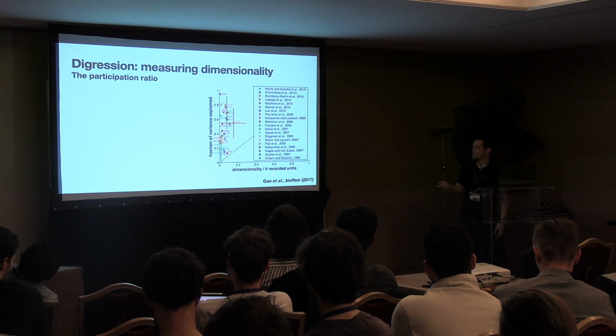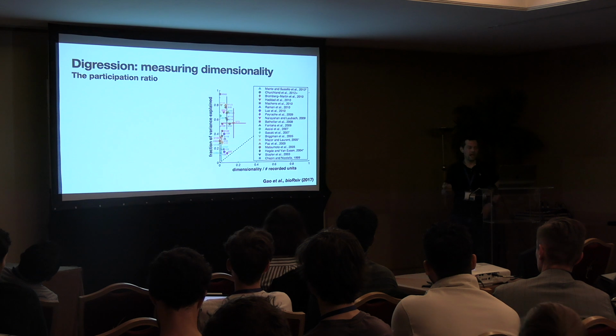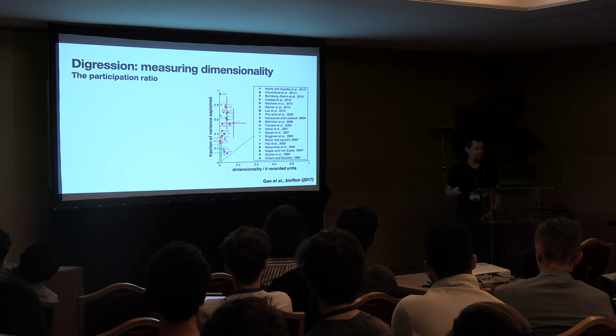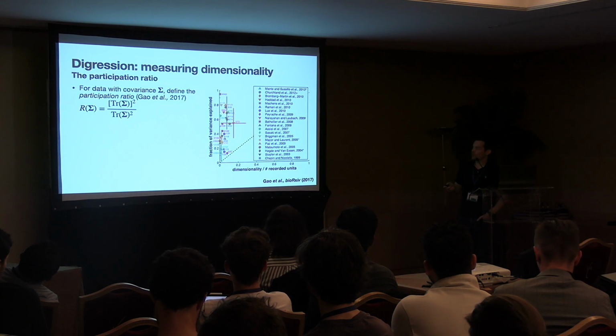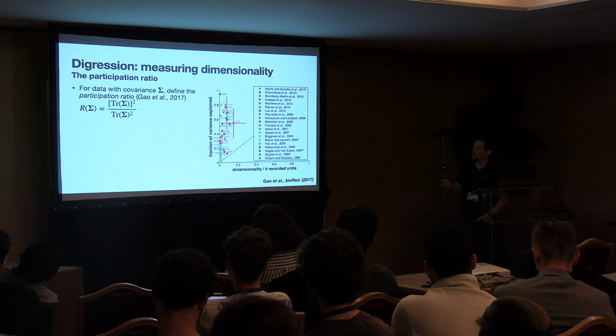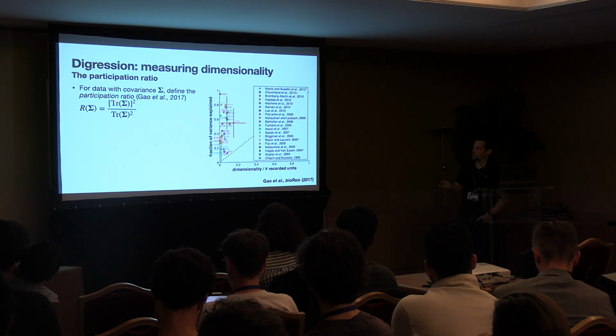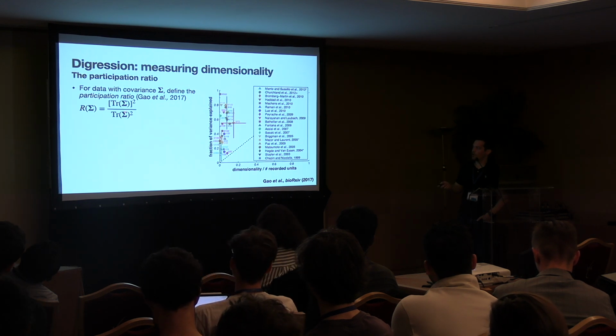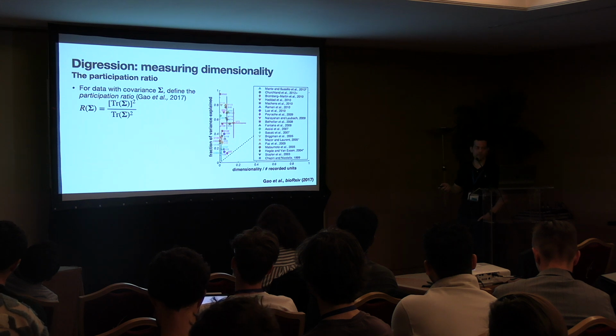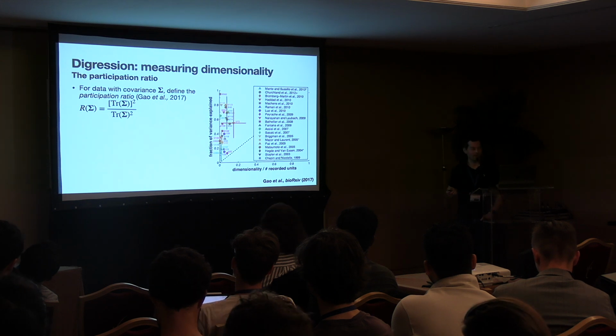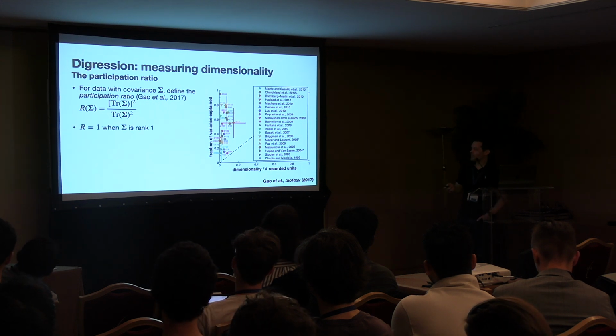So this is a figure from this paper by Gao out of Surya Ganguli's group. And they introduced this dimensionality measure, which is nice and has some good properties that we want to use. So this is called the participation ratio. So our data have covariance sigma, and I'm going to have the trace of sigma, squared, over the trace of sigma squared. If your eyes were closed, you will need to look at that equation.